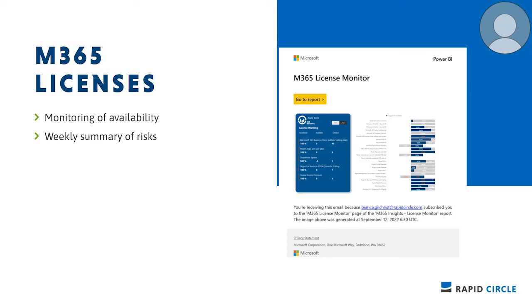Now, we do have the ability for you to exclude certain licenses, and also we have a threshold that we don't necessarily report on. So if you've got a very small set of licenses, then maybe you don't want that reported on every week because, like say, Power Automate per user licensing, I don't need to know every week because we've got 3 of them, it's managed. But others we may want to know about.